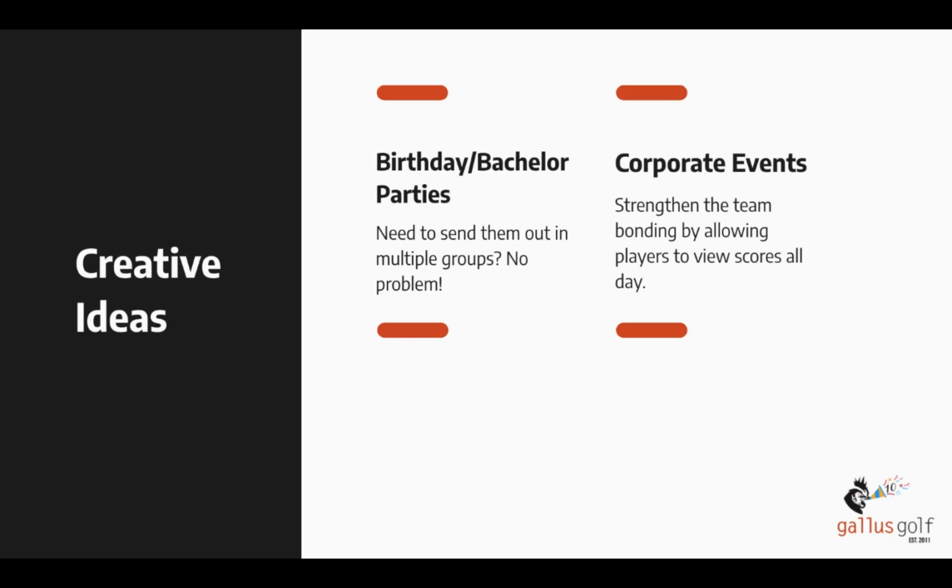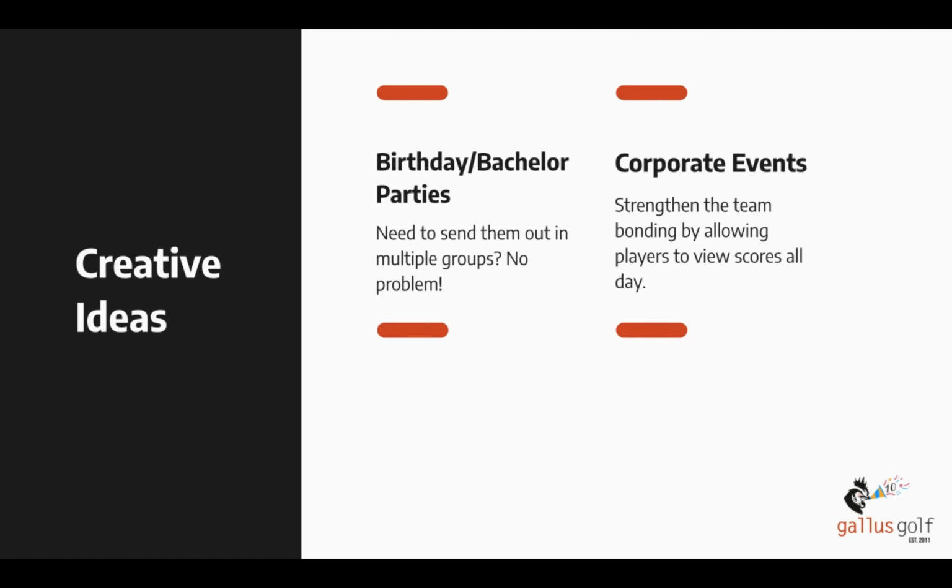Another one is corporate events. A lot of times corporate events are having a full tournament, which is obviously a better way to use the tournament software. But sometimes you might have a smaller corporate event, some local businesses coming out to play. Again, they have 15, 20, 30 people coming out, and they don't really care about pairings. They're just going to come out and play. But you have to split them up over multiple different tee times, whether it's a shotgun start where they're all going out at the same time, or multiple back to back.